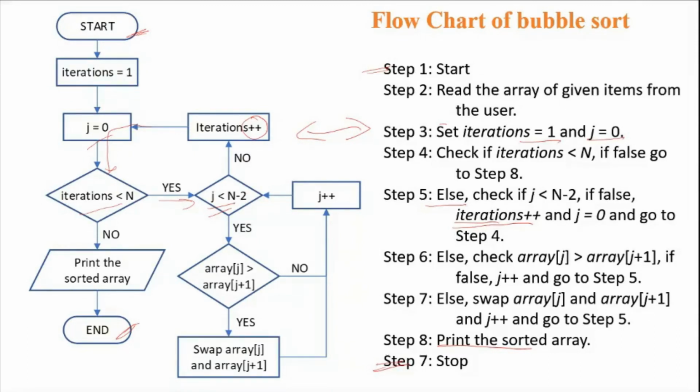Like here, if iterations is less than n, if yes, that is if true, then we have to check whether j is less than n minus 2. Again, here it is yes or no. So this sort of representation is also needed. A flowchart is also needed while writing an algorithm.